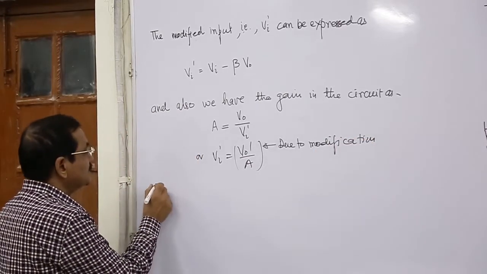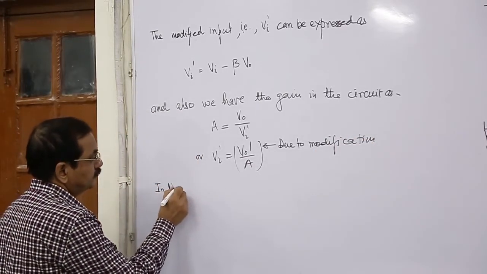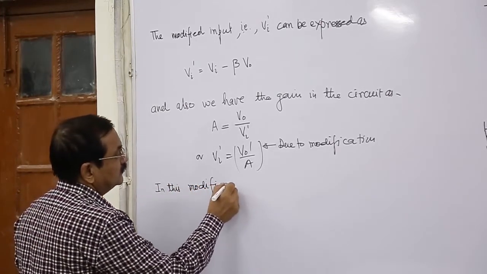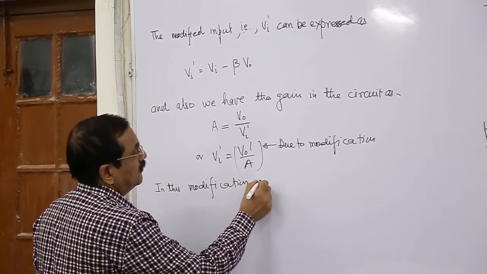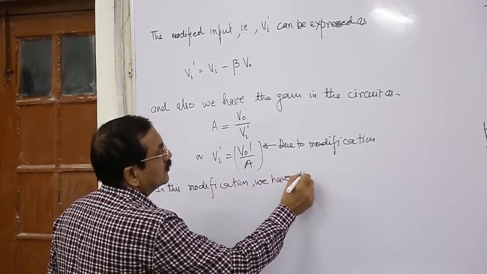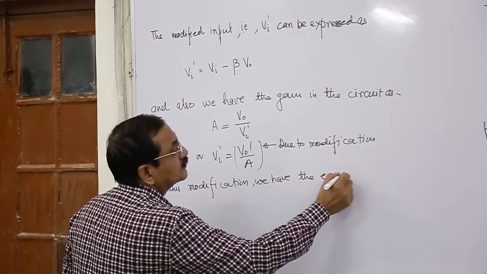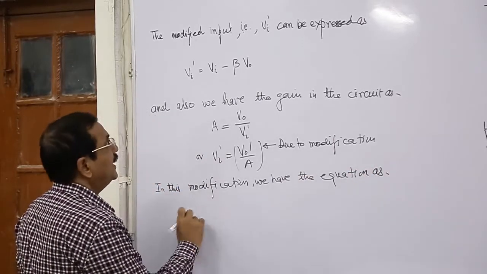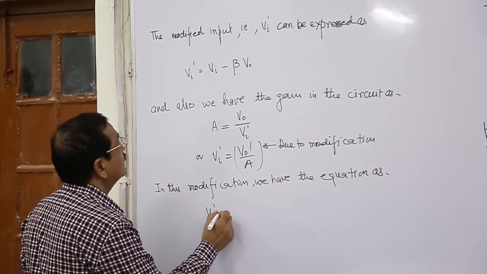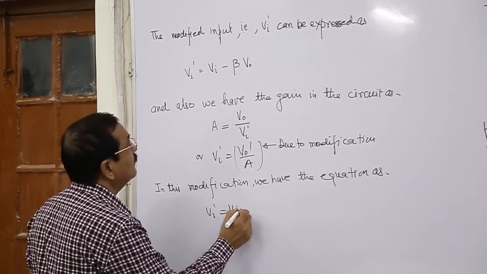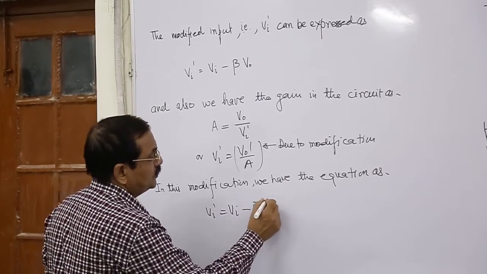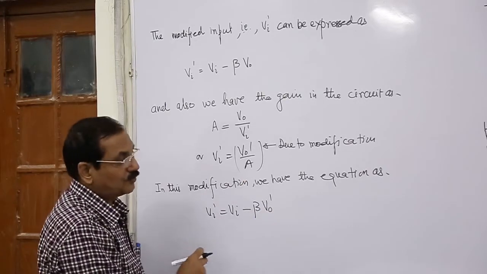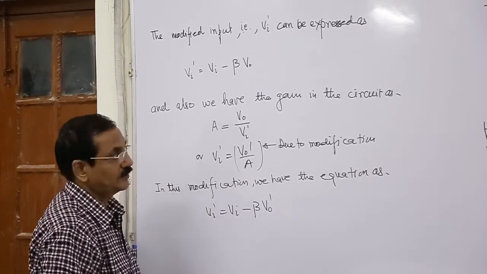In this modification, we have the equation Vi dash is equal to Vi minus beta V0 dash, because this modified output value is fed back to the input.